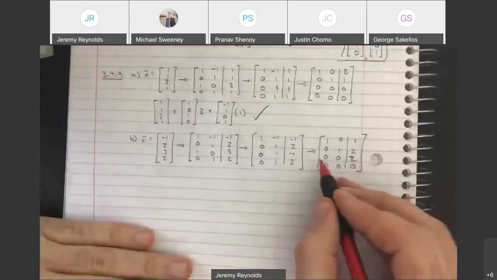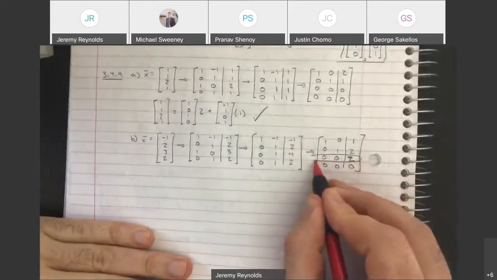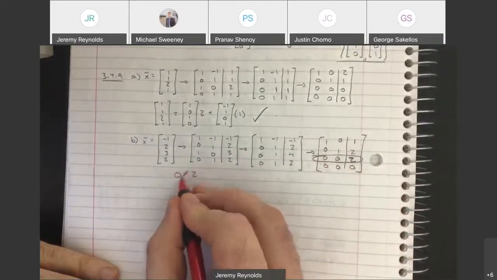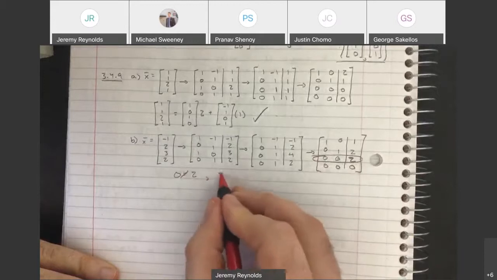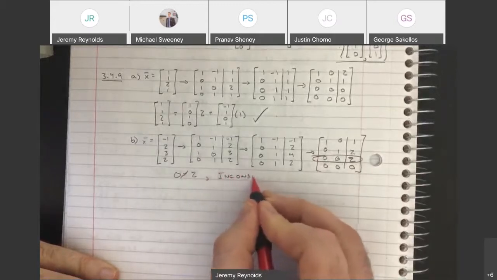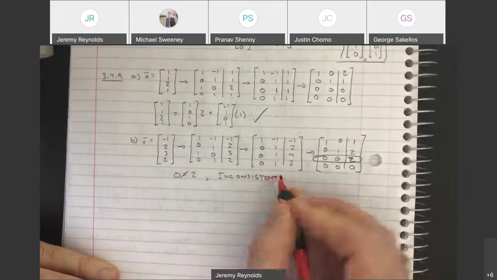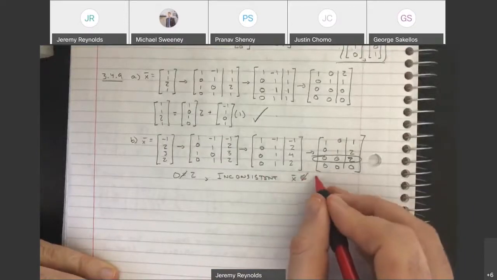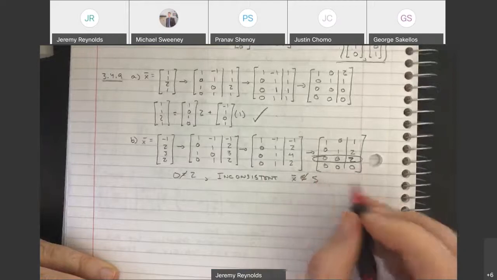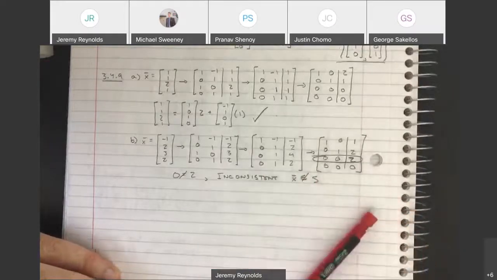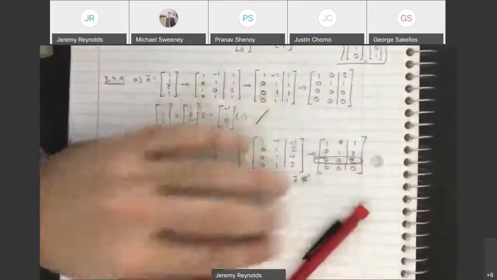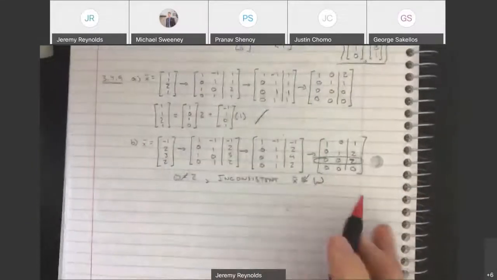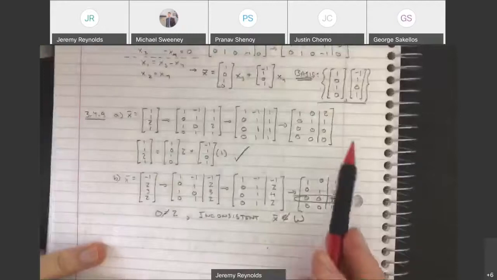So the problem is this row right here. We can see that we have 0 equals 2, which it does not. So it's inconsistent. So we know that x is not an element of S, or W, sorry, because the basis is created for W. So x is not in the W that is defined by this basis.